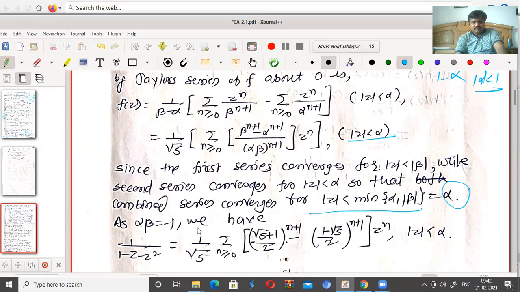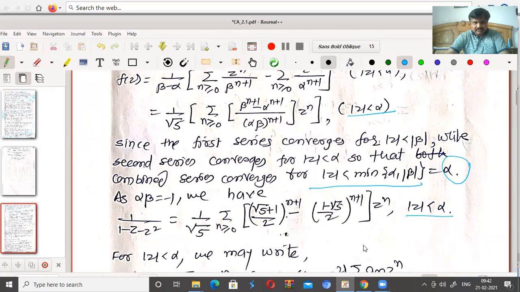As alpha beta equal to minus 1, we have 1 upon 1 minus z square equal to 1 upon root 5 summation n greater than or equal to 0 of beta to the power n plus 1 minus alpha to the power n plus 1, alpha beta is minus 1 to the power n plus 1, into z raised to n, mod z less than alpha. Okay, that we have taken.